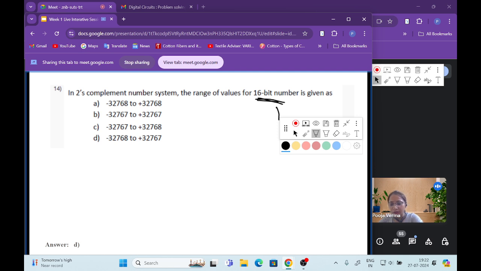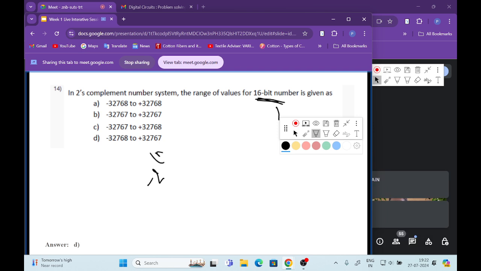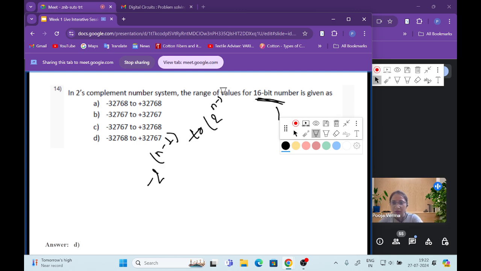So as we know, in a 2's complement number system, the range of values can be found by minus 2 to the power n minus 1 to 2 to the power n minus 1 minus 1, right?